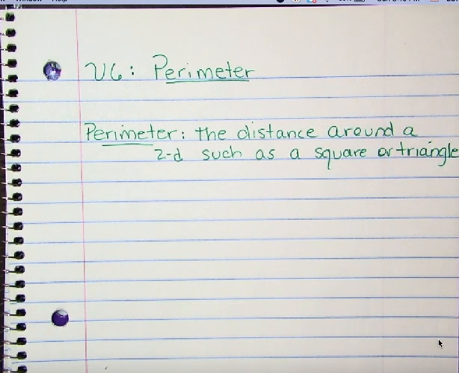Could also be a pentagon, an octagon, all different shapes. You solve it all doing the exact same thing though. We're going to practice that with a couple different shapes in just a minute. I'm going to give you time to get the definition written. So perimeter, the distance around a 2D shape.